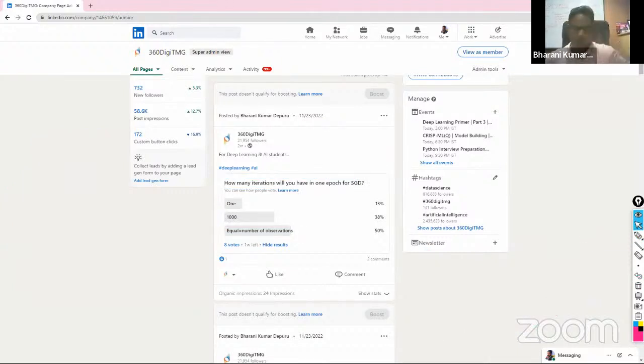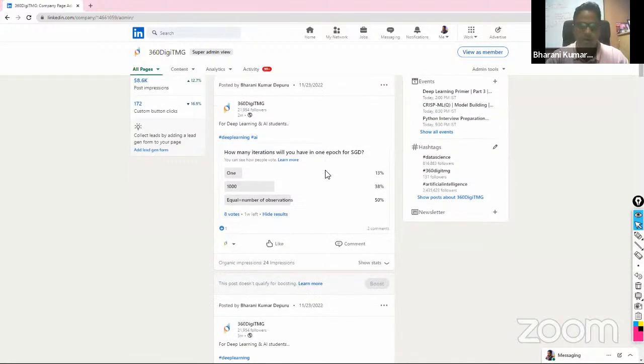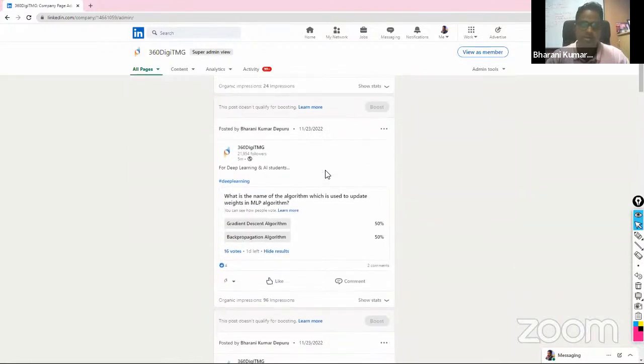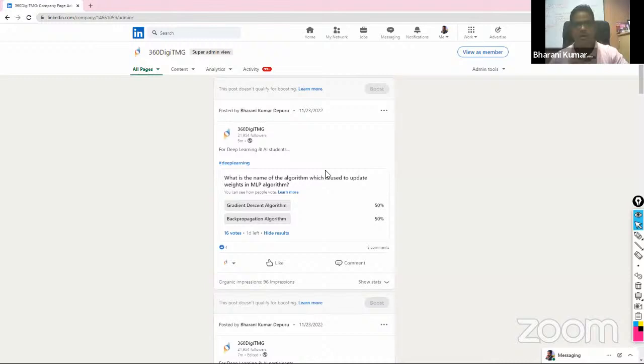Let me put 2 more poll questions and I'll stop. Let me go with this question where there is a 50-50%. The question is, what is the name of the algorithm which is used to update the weights, not minimize the loss? I'm telling, update the weights. You have 2 options, A and B. What do you think will be the answer?